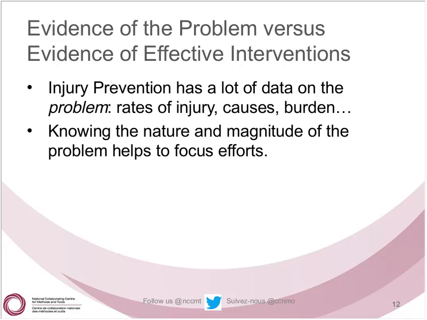So in injury prevention, we have, in many ways, some pretty good evidence about the problem. You can still, of course, say that there are some gaps in those data. There's more, obviously, that we would like to know. But we do have some evidence about the problem that can be specified by population group, by locale.